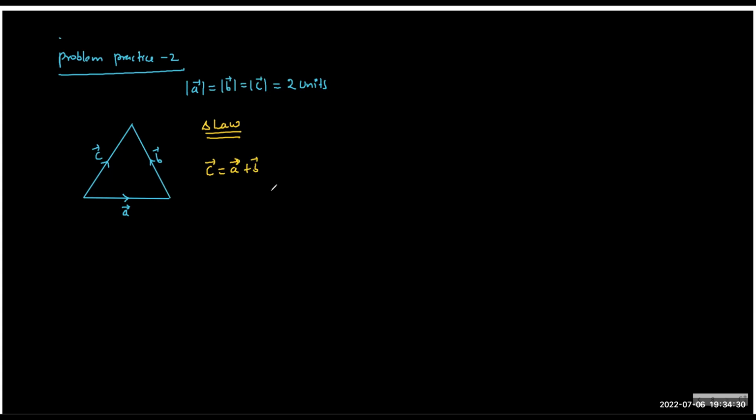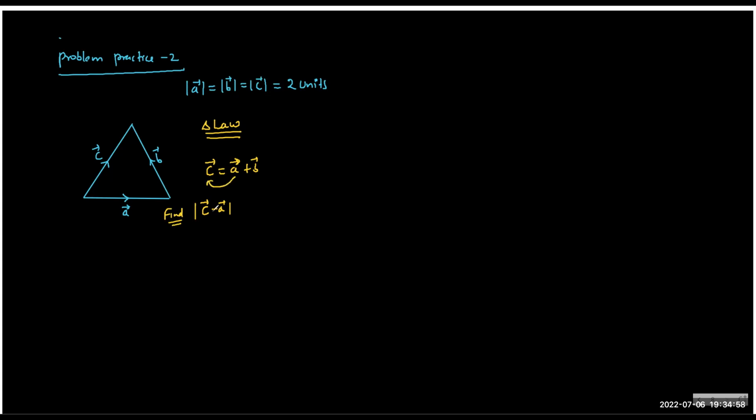That's correct. Okay. So if all are 2 units, if I ask you a question, what is the value of the modulus of C minus A? See, I got C minus A from here only, no?